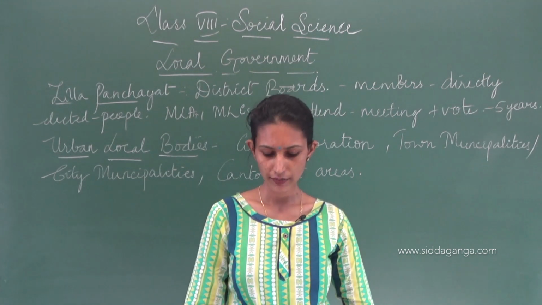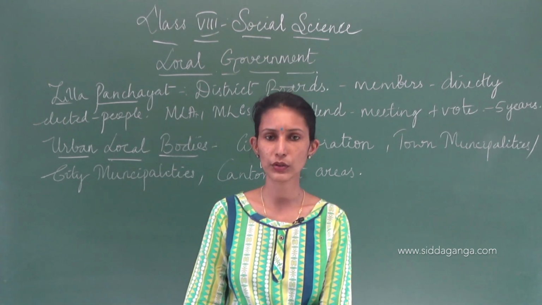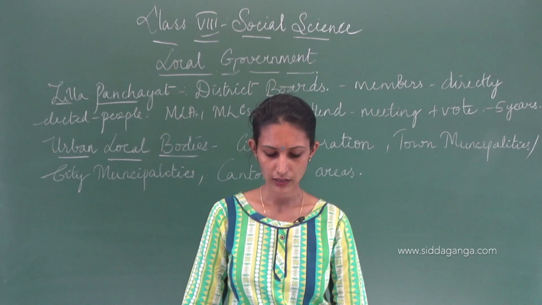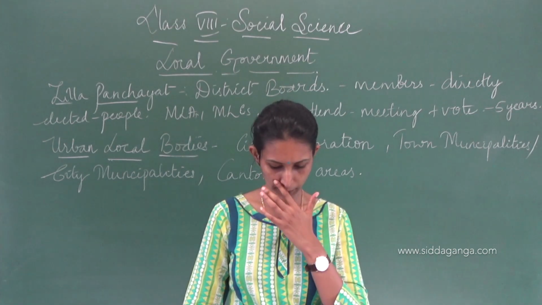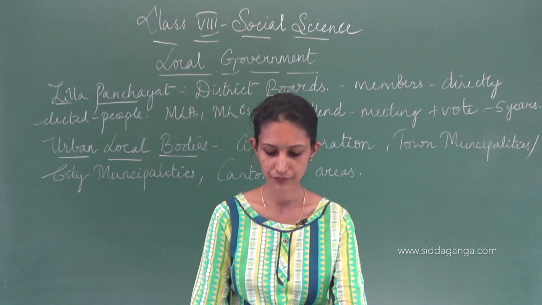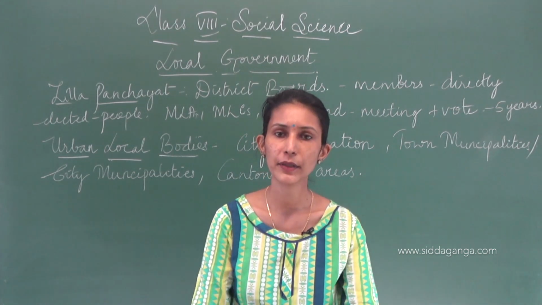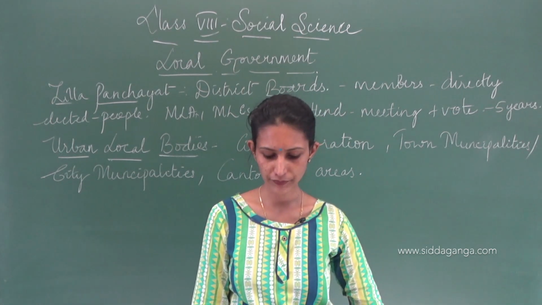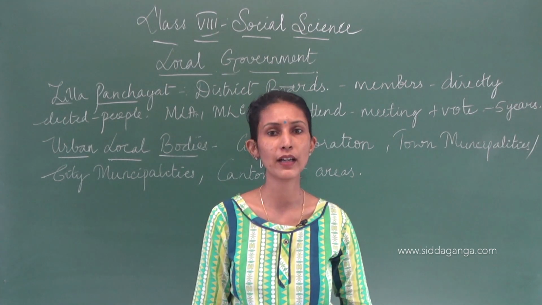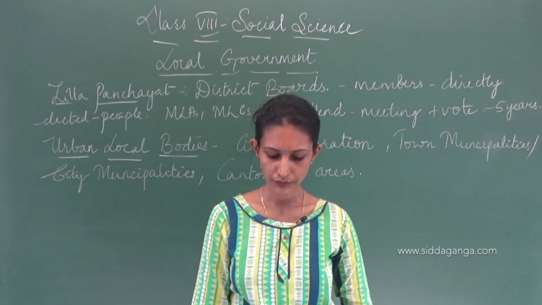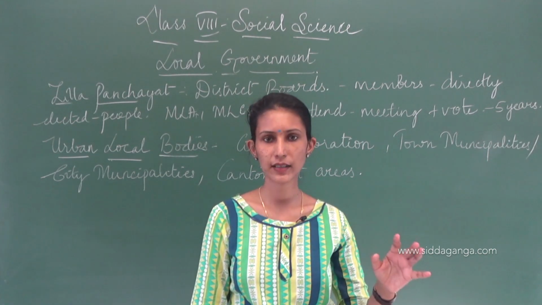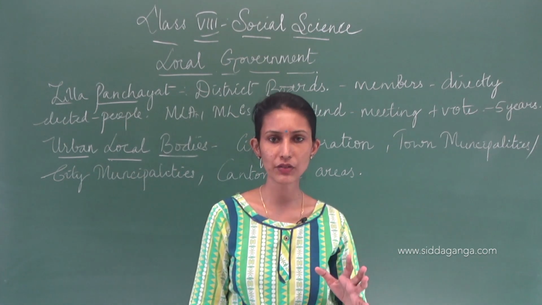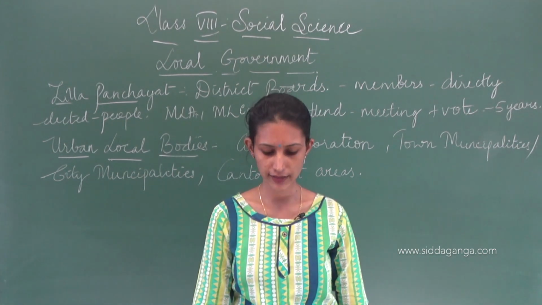Then how do you compose or how do you form these town municipalities or municipal corporations? Now one particular urban area is classified as a town or a city based on what? Based on the population. So population between 20,000 to 50,000 is considered as a town.